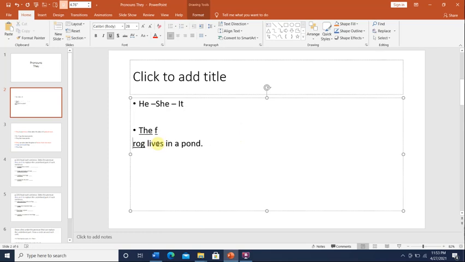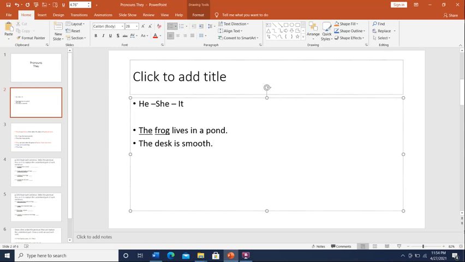Also, the desk. The desk is smooth. Okay, so the desk also takes the pronoun it to replace it.